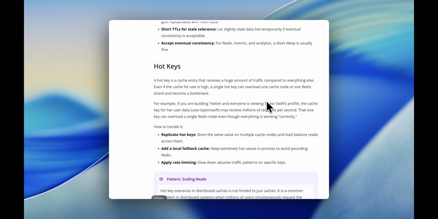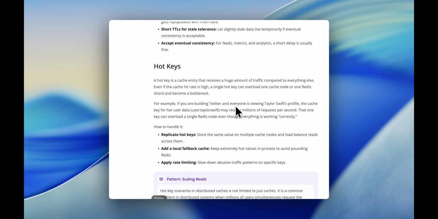The example can be, let's suppose you are building a Twitter and everyone is viewing Taylor Swift's profile picture. Now the cache for her user data may receive millions of requests per second, and that one key can overload a single Redis node even though everything is working correctly, right?